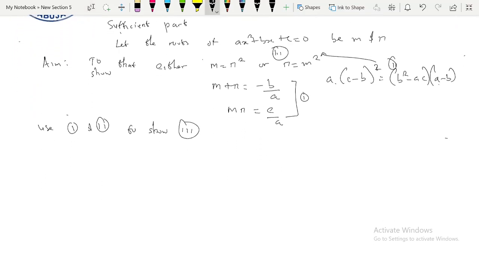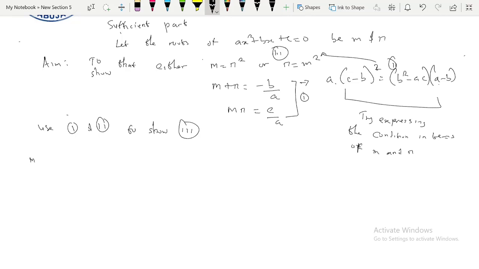Let's just try what we know. So my first guess would be to try expressing the condition in terms of m and n. So the first thing we have here is c minus b.